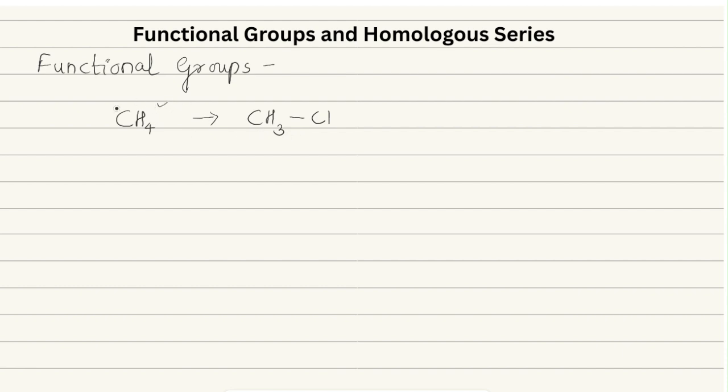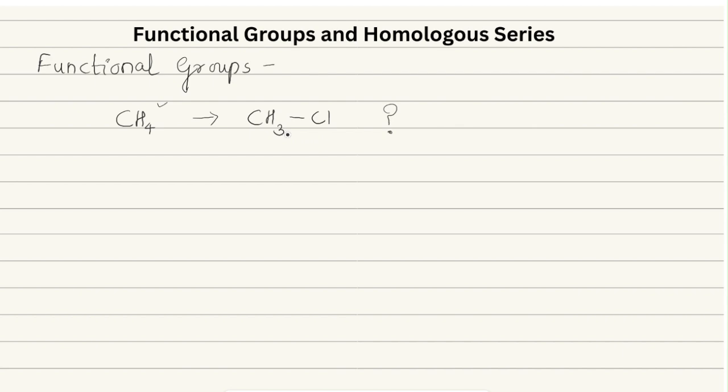For example, the reactivity of methane is less as compared to a chloromethane molecule. Why is it so? Because of the presence of chlorine. Because the hydrogen is replaced by chlorine, the property of this new molecule is entirely different.